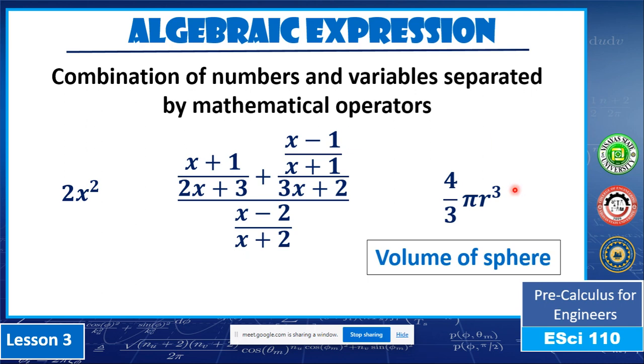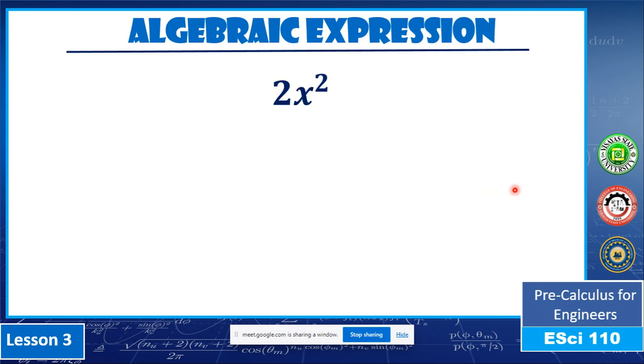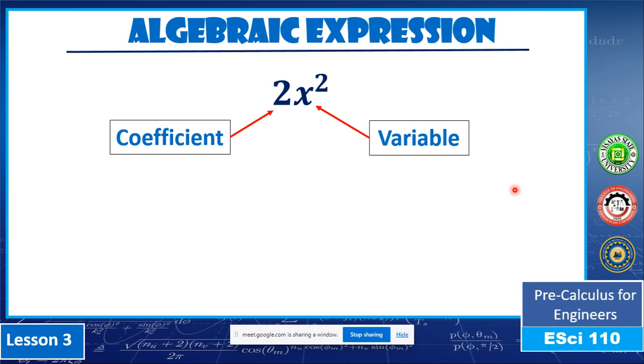So for an algebraic expression, meron siyang mga parts. We have the coefficients. These are the constant values, mostly numbers, and it comes before the variable. So ito pala yung variable natin. Take note sa variable natin, it's not only limited to letters only to the degree of 1. Hindi lang x.